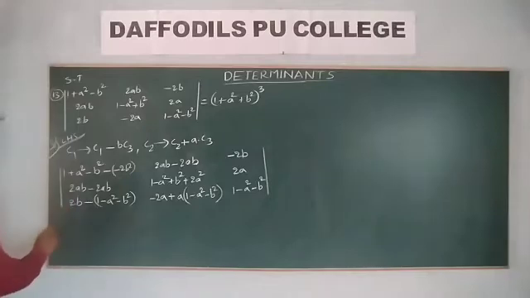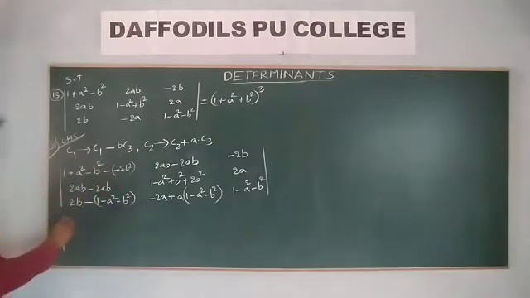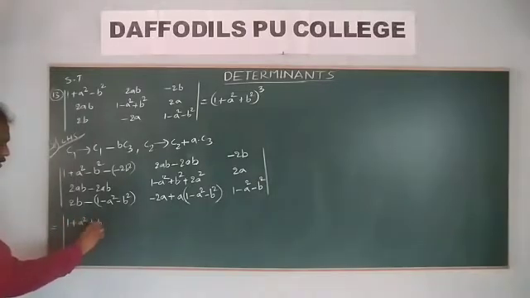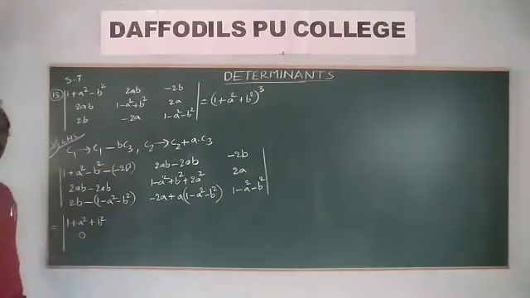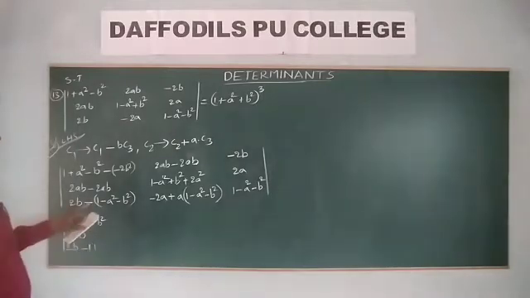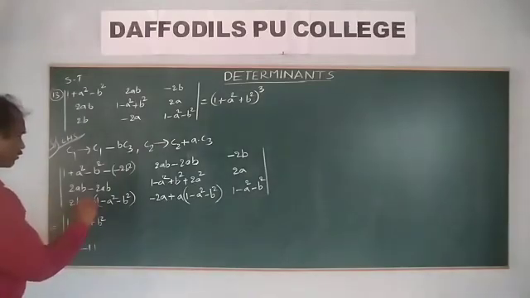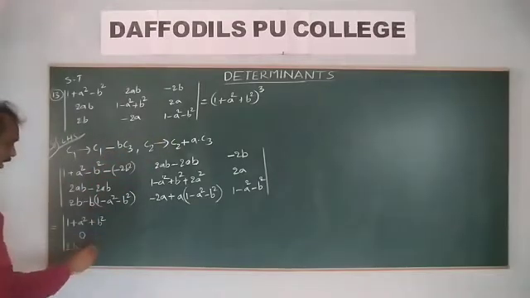Now 1 plus a square minus b square, minus into minus plus 2b square, minus b square: 1 plus a square plus b square. 2ab minus 2ab gives 0. For 2b, apply minus b, so take the element of b multiplied with b into C3.